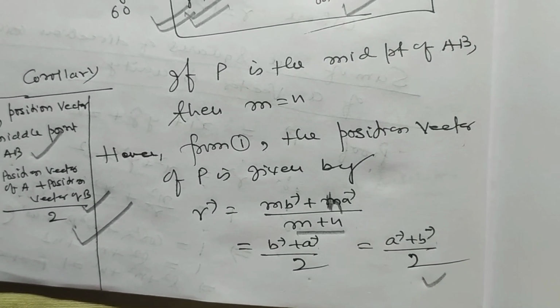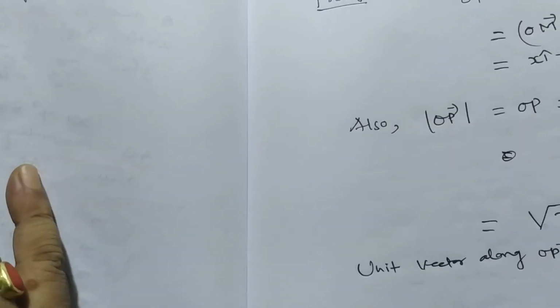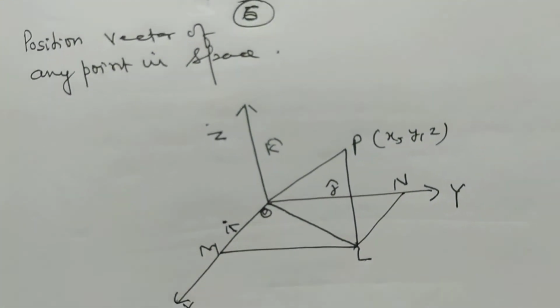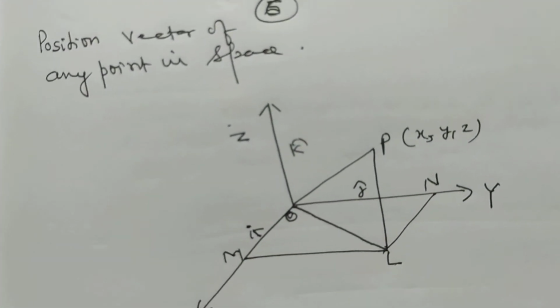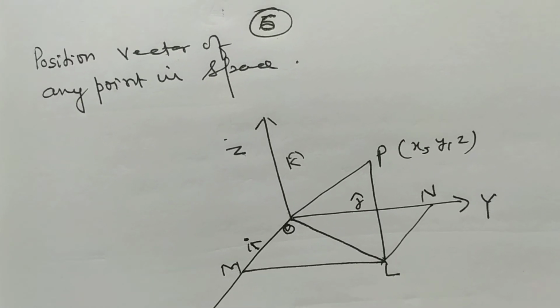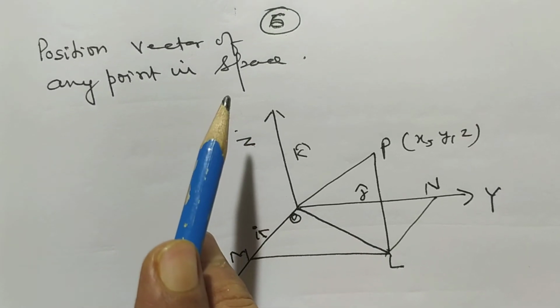In this way, we can find the position vector of a point which divides the line segment in the ratio m is to n, externally and internally.